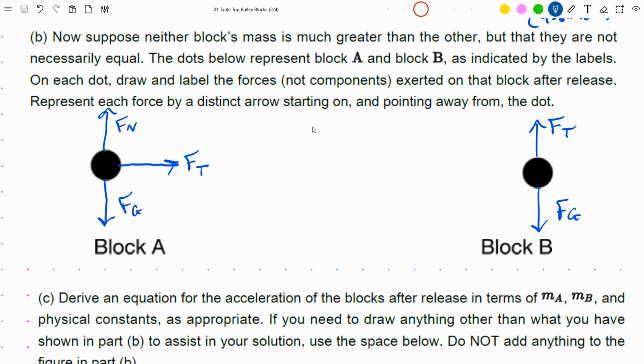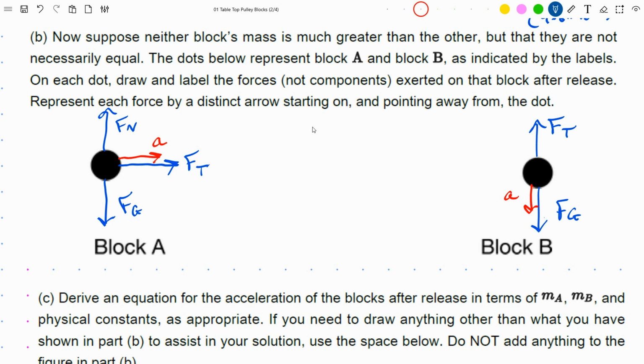So I will temporarily, because this is a big no-no, put it in to clearly communicate what I mean. If I had said, oh, by the way, I know that block A is accelerating to the right, and let's just say I slip in a vector representing the acceleration, and I know that this one's accelerating downwards. Those acceleration vectors, in principle, are not incorrect.